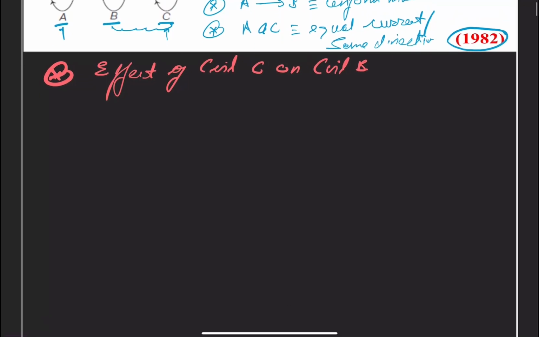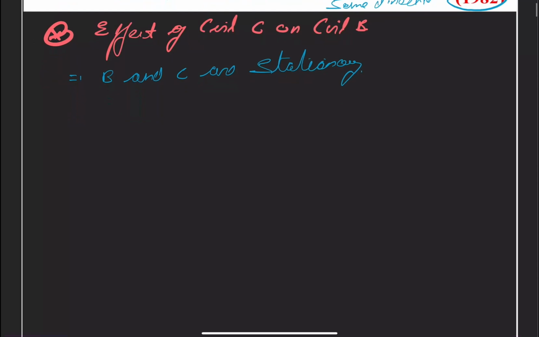So we are given that B and C are stationary. So it means the magnetic field produced by C remains constant with respect to B, because C is carrying current.